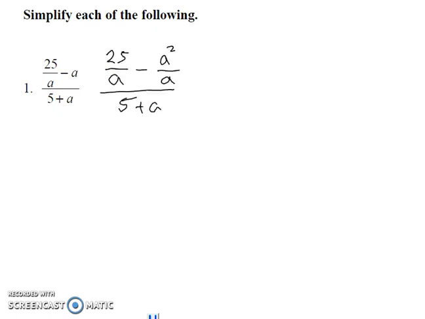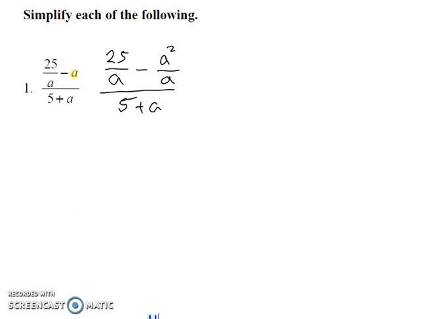So you now have 25 over a minus a squared over a, all over 5 plus a. Remember that this a is the same as a over 1, so you multiply that by a over a, that becomes a squared over a.